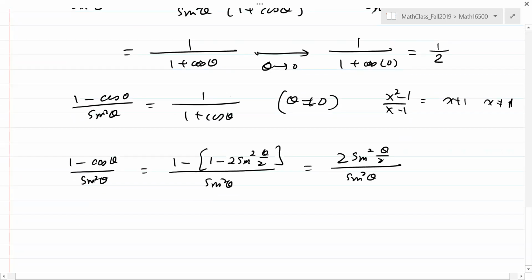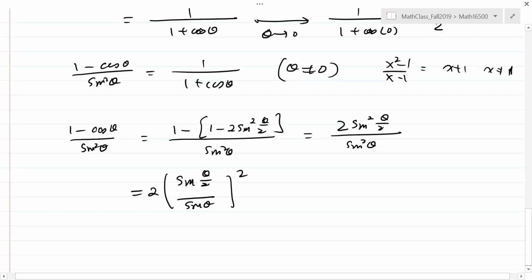That's another form. It's not unique, and not necessarily 1 over 1 plus cosine theta. If you take 2 out, you get sine half of theta over sine theta, squared. We can easily find the limit of this.